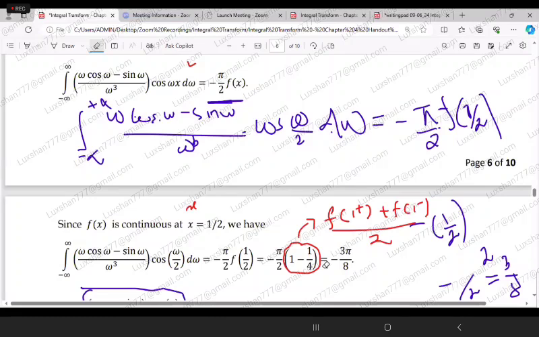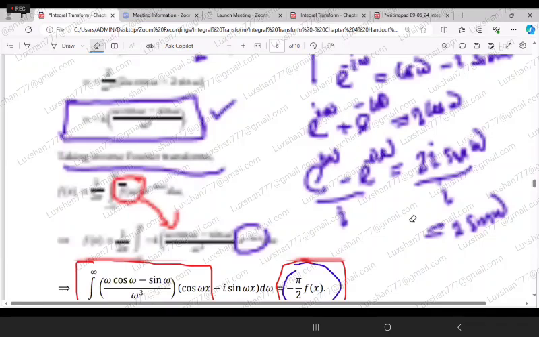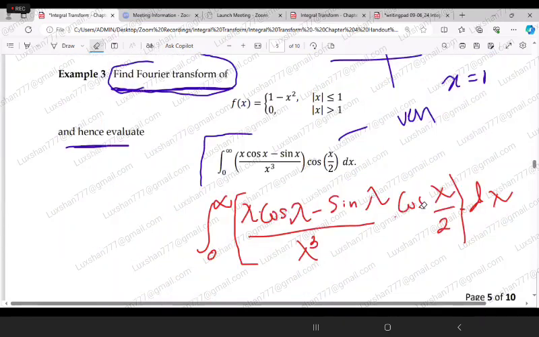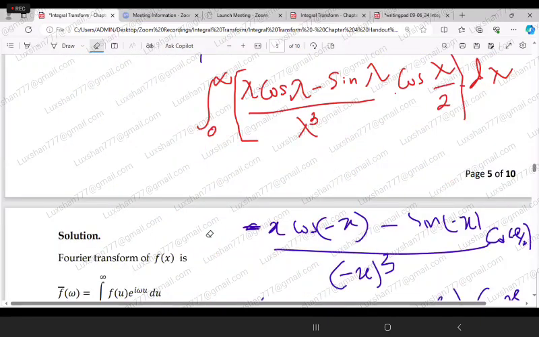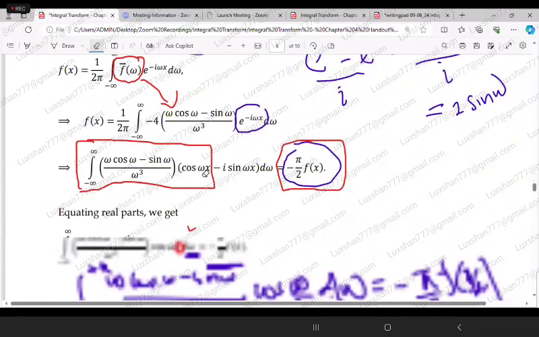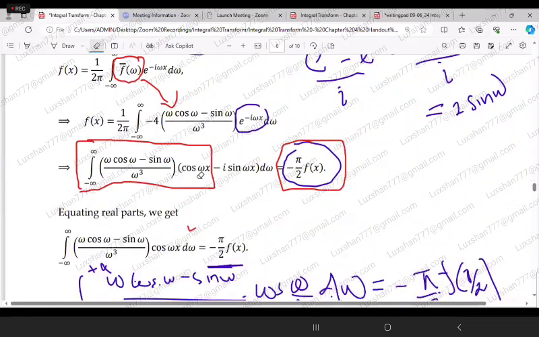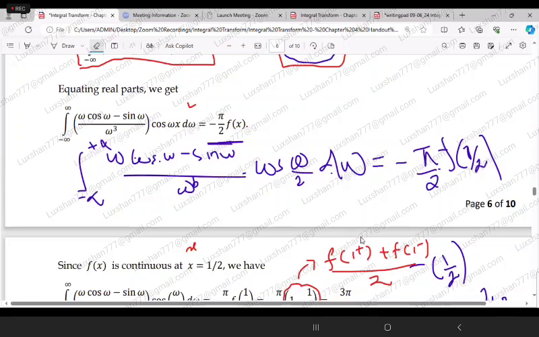So if I put x equal half, I'm getting 1 minus 1 over 4, because my function is 1 minus x square. Now, if this was lambda, what is the suitable value for x? I want to put x equal 1, because at x equal 1 the function is not continuous.